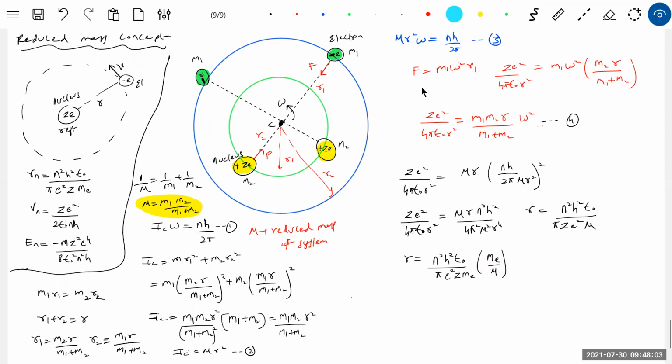Let me divide and multiply this equation by me, the mass of the electron. And then h square epsilon naught by pi e square me, this everything will become A naught.